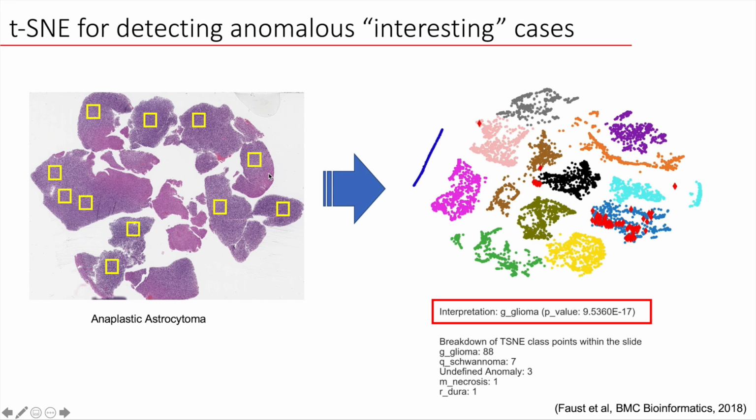These diamonds represent these test images, and what you find is that these test images overlay quite nicely onto this blue cloud or blue cluster, which is your glioma cluster. And so you're able to, with confidence, say that this image is likely a glioma based on the fact that the images overlap with the test images of the training set. These are blue Lego pieces going into a blue bin.